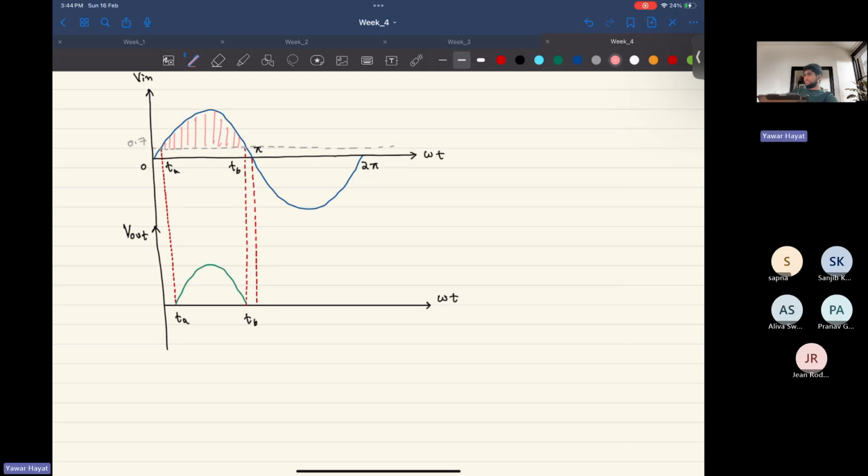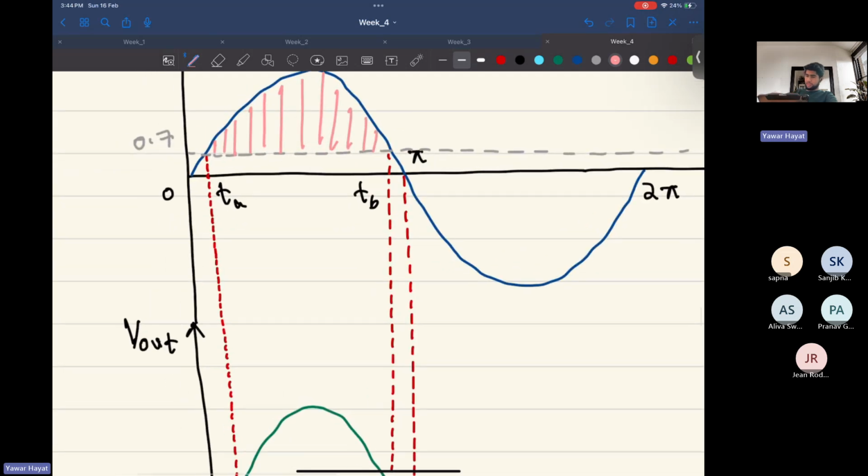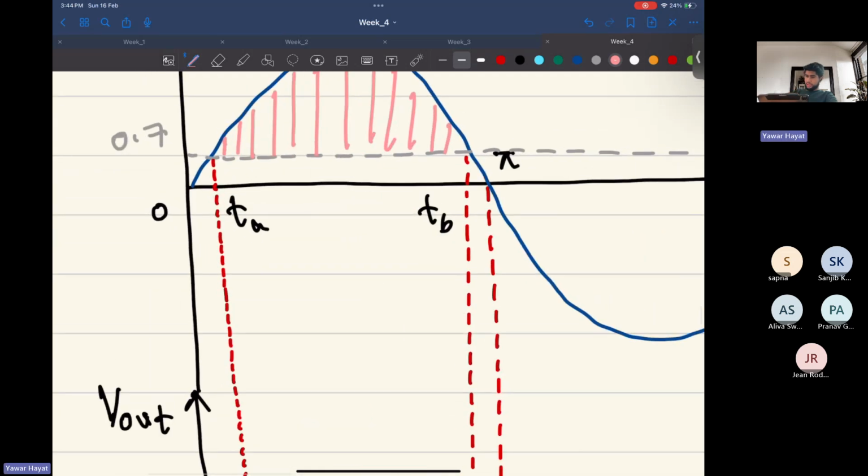Now what about TA? What is TA equal to? Now I want answers for this one. See, let's zoom in. This much is 0.7, right? This much is TA, right?